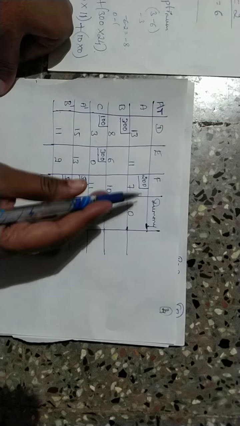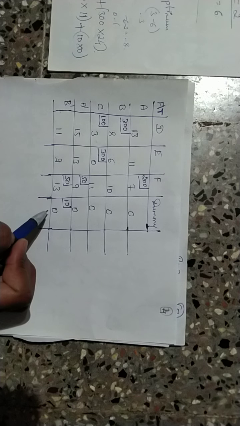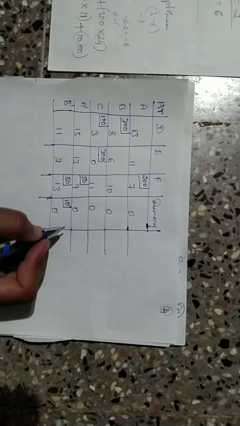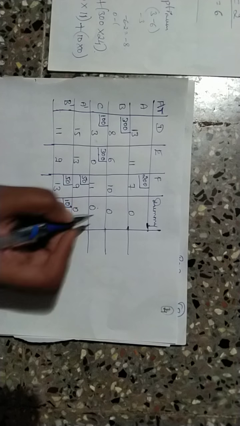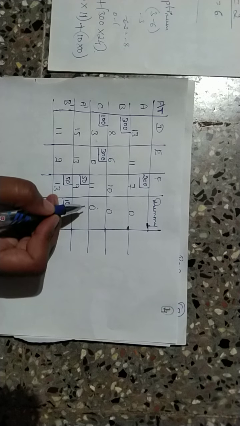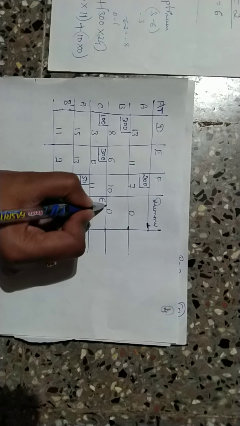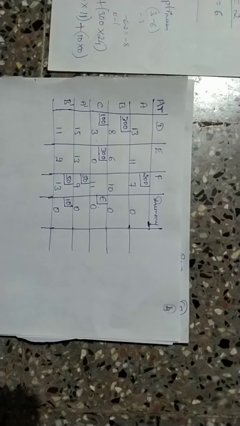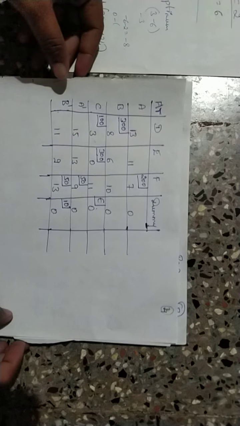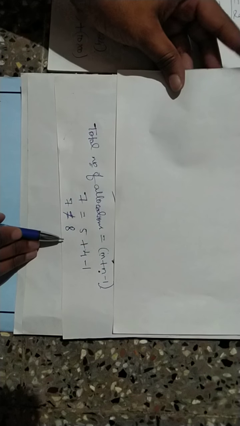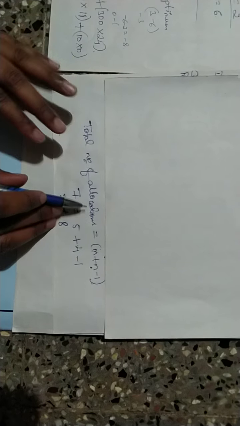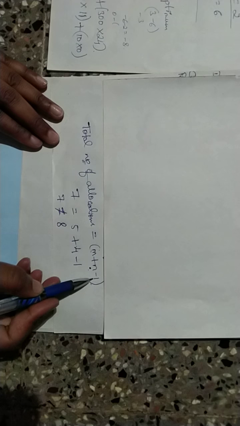In this particular matrix the least cost is 0. Out of these, you can allocate the epsilon to any. So I am selecting this element as it has the least cost of 0, and for this I am going to allocate epsilon, whose value is equal to 0, only to eliminate the degeneracy and satisfy the condition that the total number of allocations is equal to m plus n minus 1.